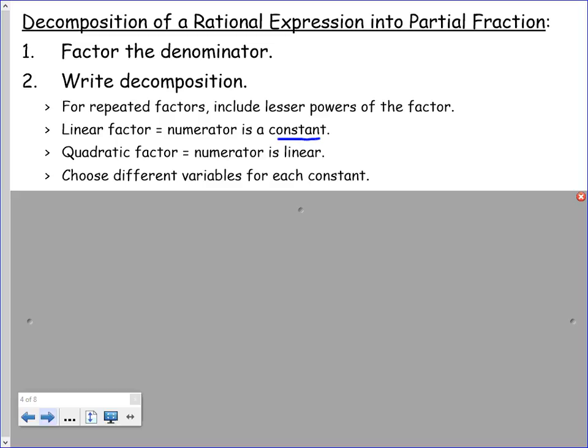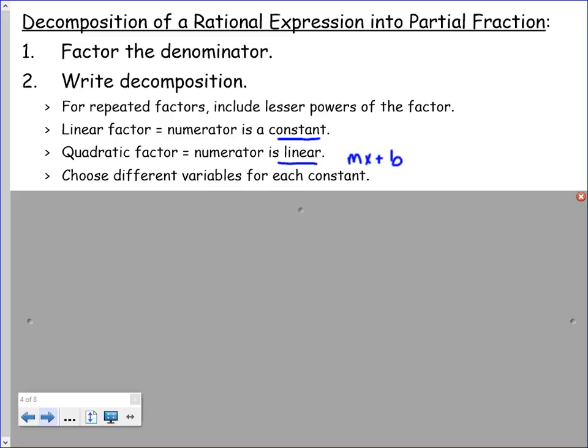If the factor happens to be quadratic and cannot be factored into linear factors, then your numerator will be linear. When I say linear, I mean in the form of something like mx plus b, but instead of using m and b, I'll use those same capital letters.